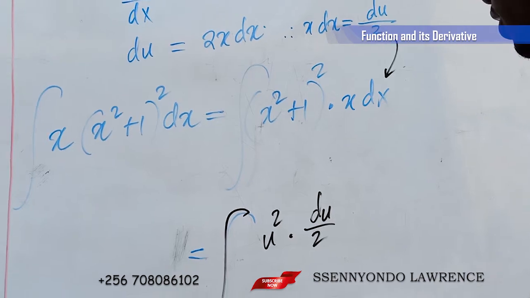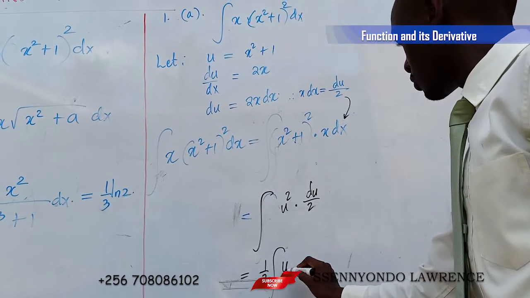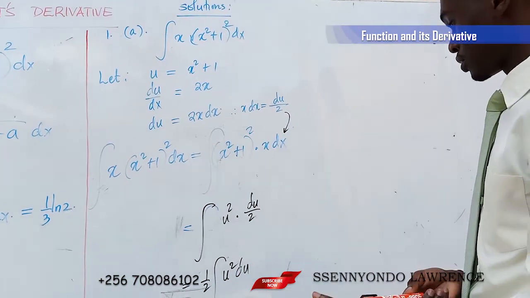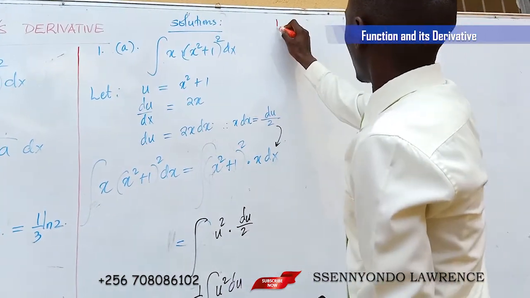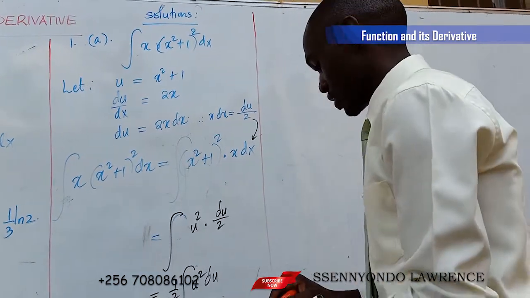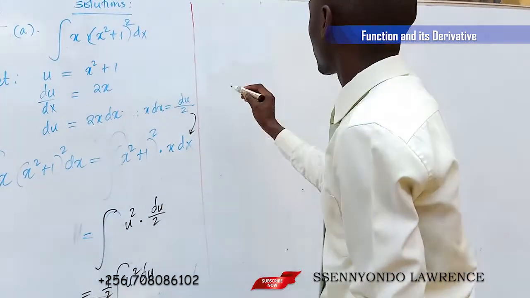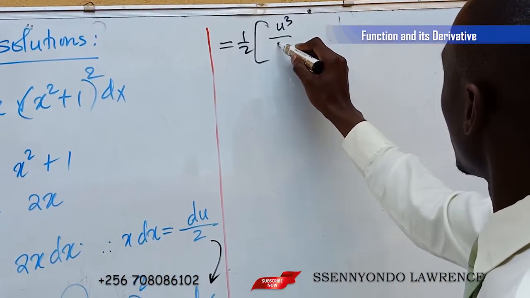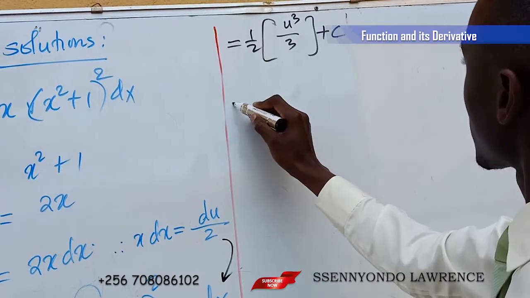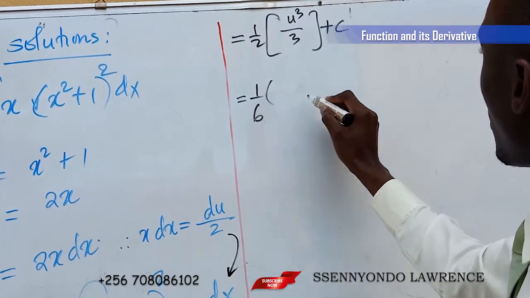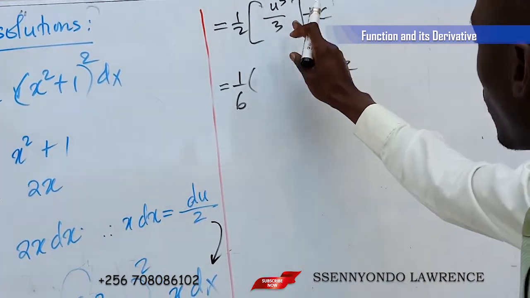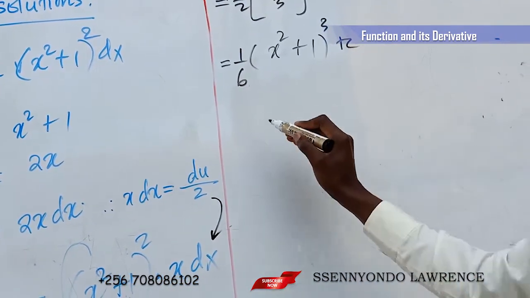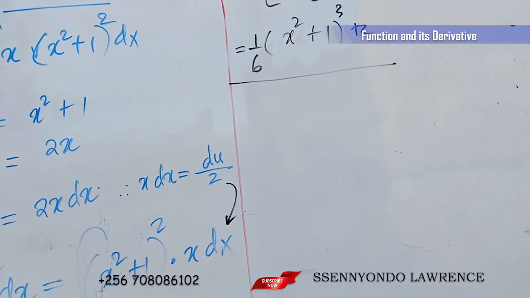That leaves me with a half the integral of u squared du. And when you try to integrate that one, easily you will have this as a half into u cubed over 3 plus a constant, which is 1 over 6 u cubed plus c. Where we have u, we replace it with x squared plus 1. And that is the solution to part A.